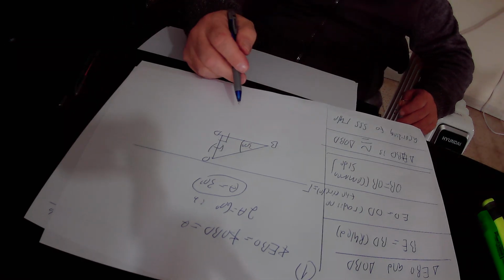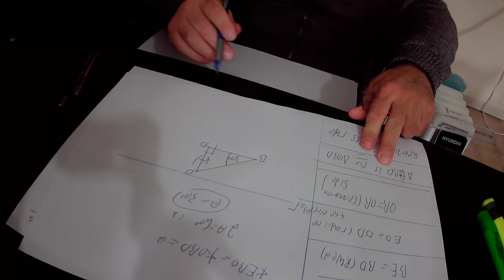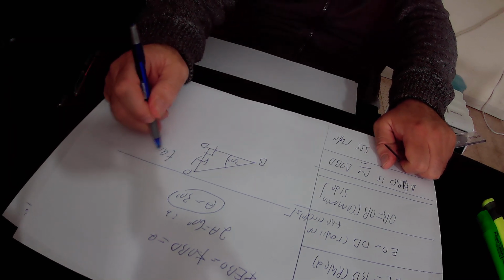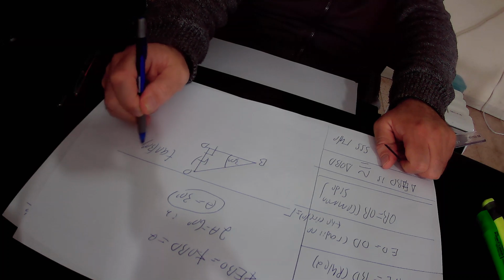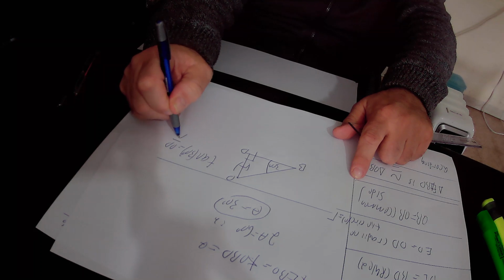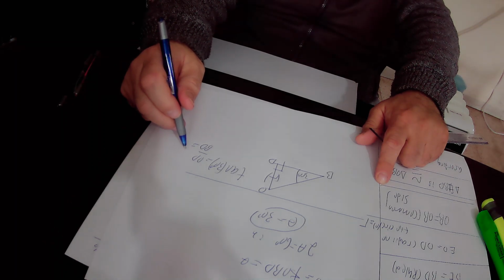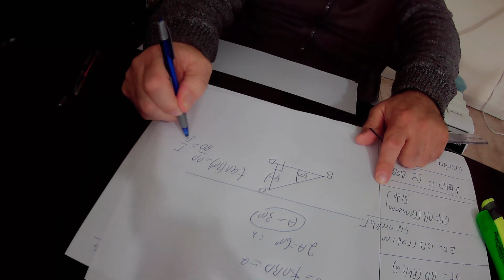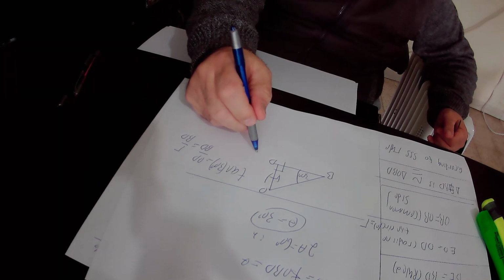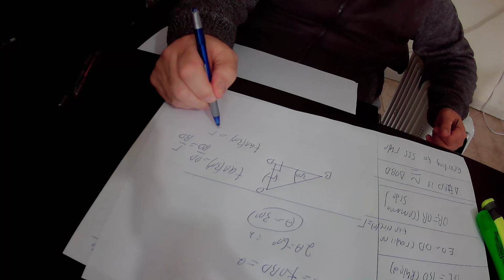This is the green right triangle OBD that I copied from the original drawing. In this right triangle OBD, tangent 30 degrees equals OD over BD, that is R over BD.